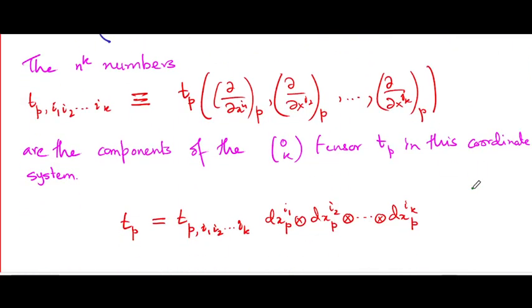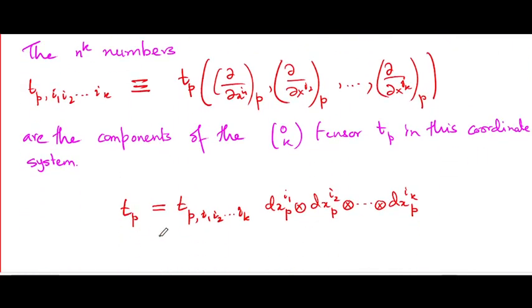And given that, we can simply say T_p is the same as this T_p i1, i2, ik, dxⁱ¹|p tensor product dxⁱ²|p, etc. This tensor product of k coordinate differentials forms a basis. Of course, there are n to the k such distinct possible tensor products. And that forms a basis of the n to the k dimensional vector space T⁰ₖ|p M.